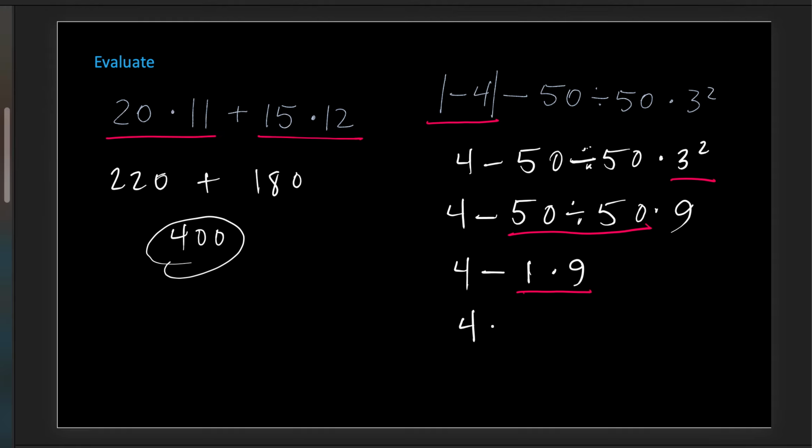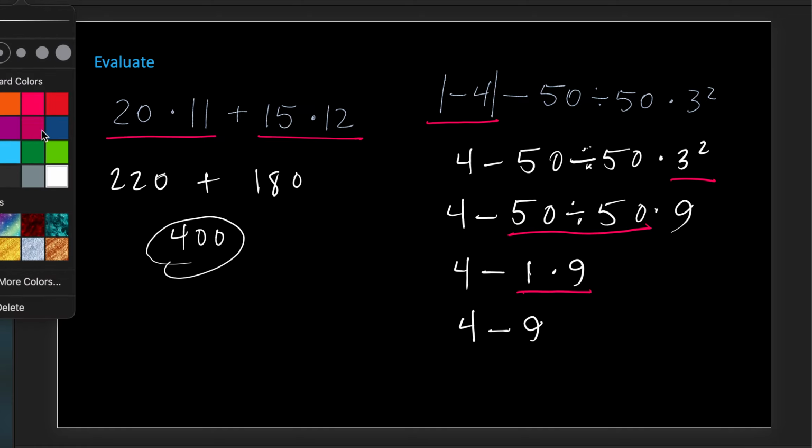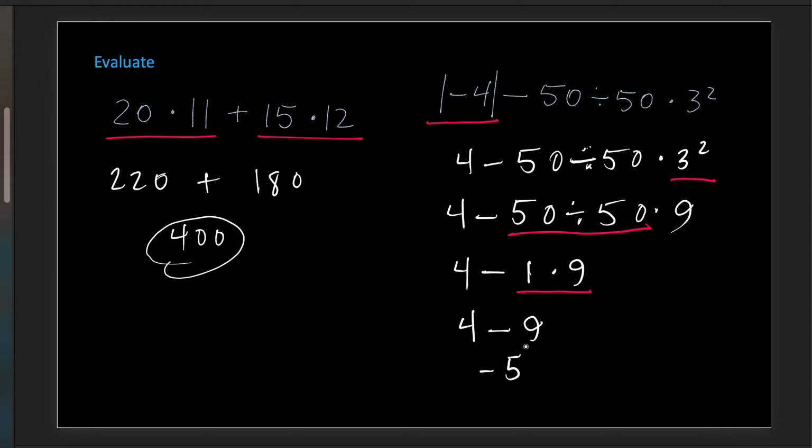So I have 4 minus 9, and I have to remember to think of this in terms of money. I have $4 since that's positive, and I spent $9. That means I'm in debt $5. So the answer is negative 5. And I'm sure I got it correct because I followed the order of operations.